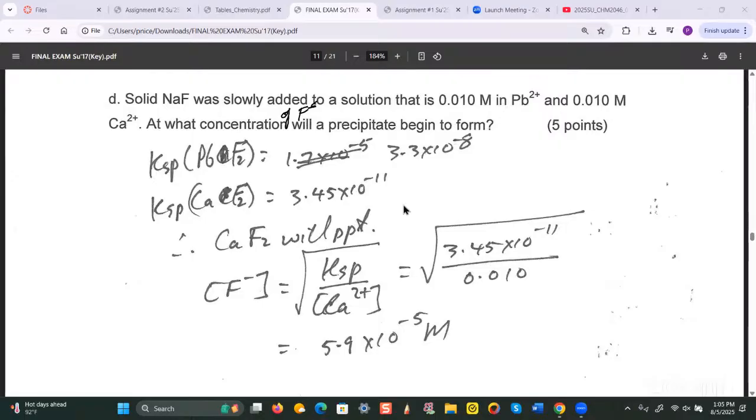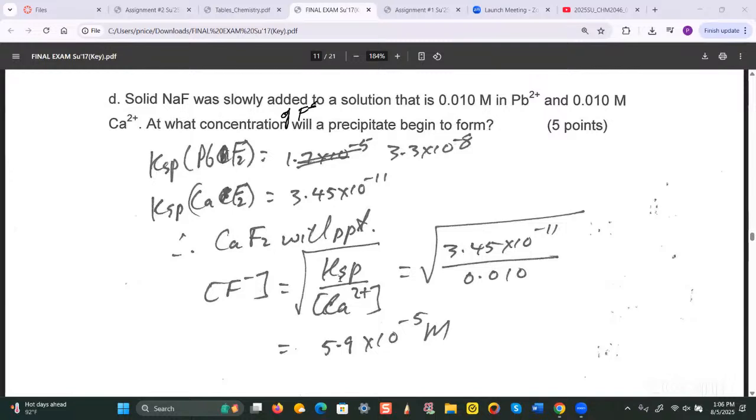The one with the lower Ksp value will precipitate first. That would be the calcium fluoride, because its value is 3.45 times 10 to the minus 11. Meanwhile, the lead 2 fluoride Ksp value is 3.3 times 10 to the minus 8, right? So that's what I stated there. The calcium fluoride will precipitate first.